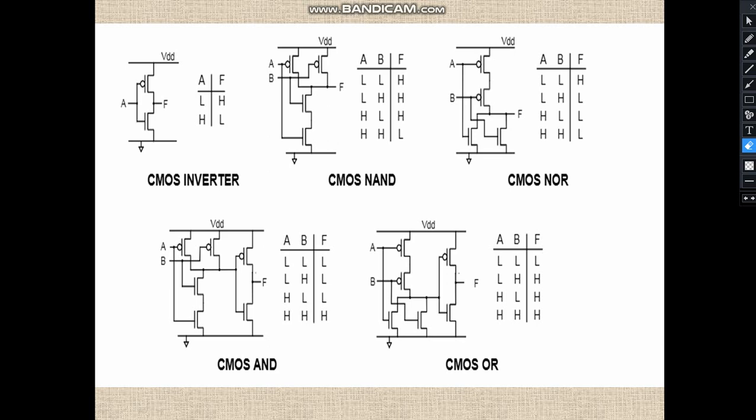So your output is not connected to ground, it will be connected to VDD and it will give us a high output. For the both high condition, A equal to 1 and B equal to 1, these two MOSFETs will be in on state. So your output will be connected to ground and its value is equal to 0.